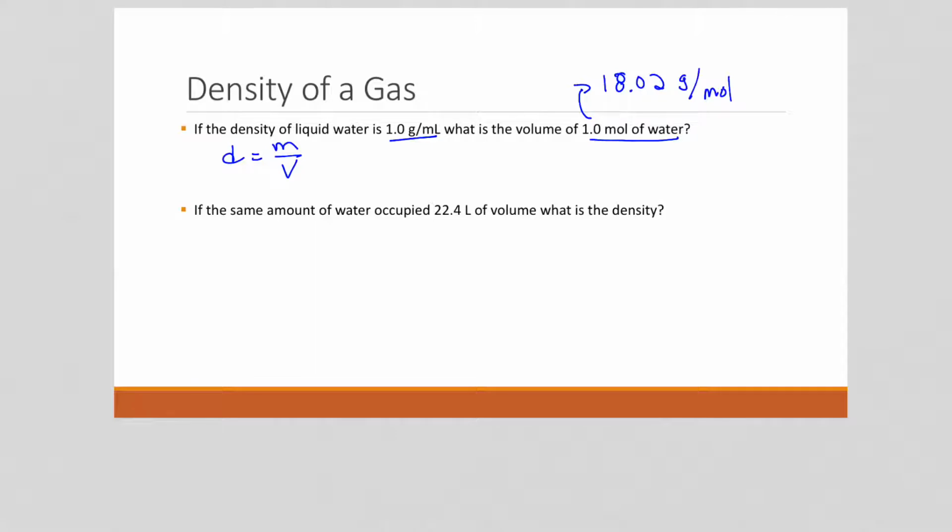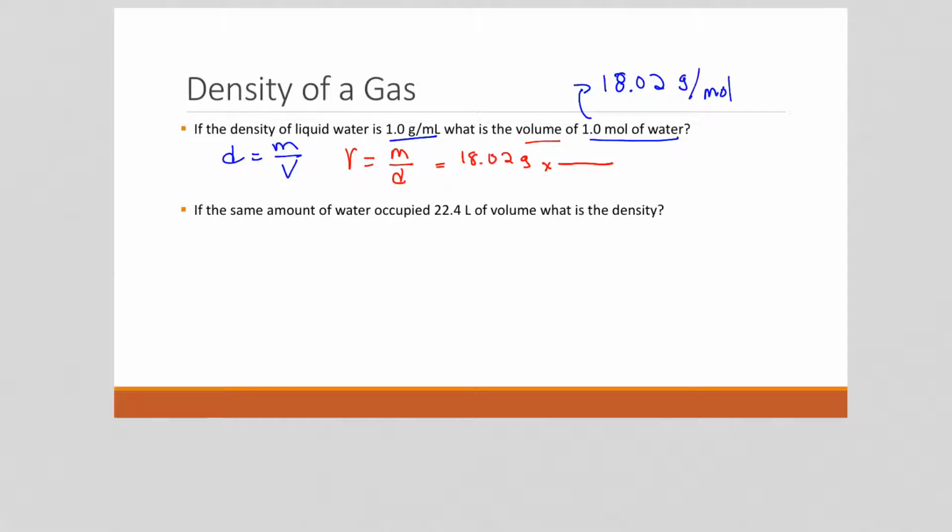And we're going to try to find, right, the volume. So if we rearrange this equation, volume is equal to mass divided by density. So if I go ahead and do this calculation, I'm going to take 18.02 grams, and I'm going to show it this way so we can follow the dimensional analysis.